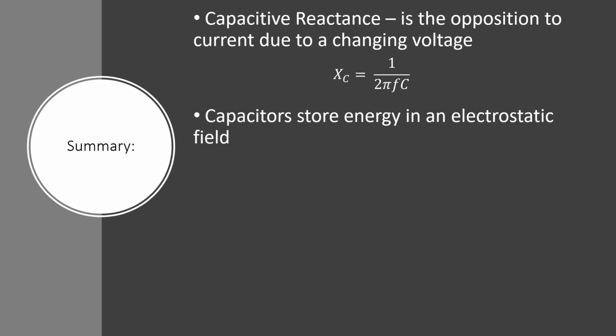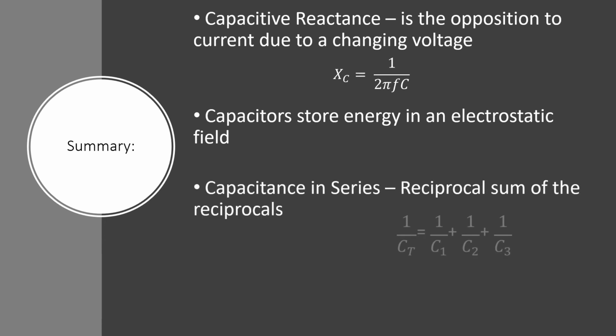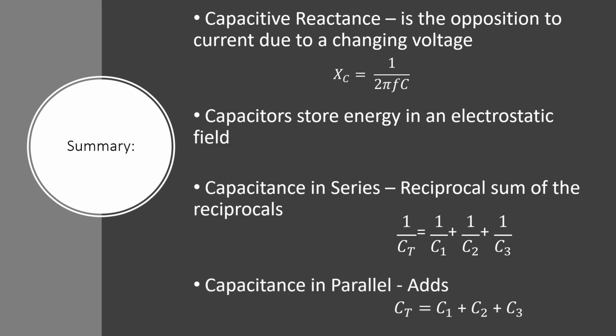Capacitors have the ability to store energy in an electrostatic field. Our rules for series and parallel still hold true, but when it comes to capacitance in series, the capacitance is a reciprocal sum. And capacitance in parallel is a direct addition.